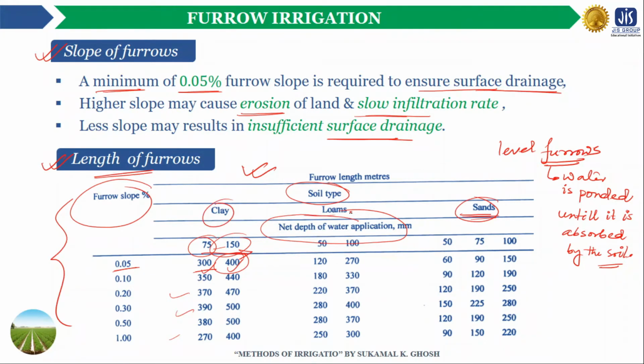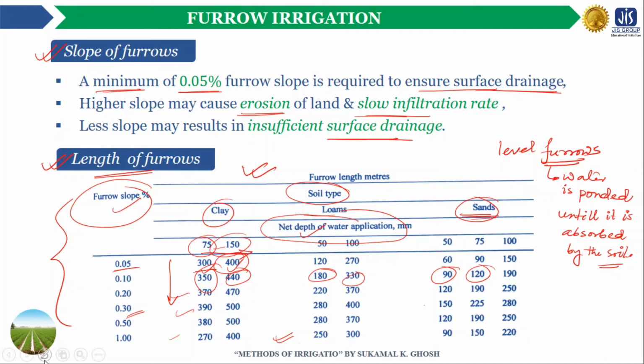From this table you can also understand that for the same slope and the same net depth of applied water, the length of the furrows for sandy soils is less compared to loams and clay soil. Now you may also observe that the furrow length increases with the slope of the furrow up to 0.30% slope.